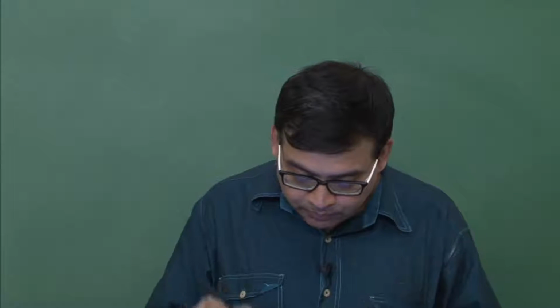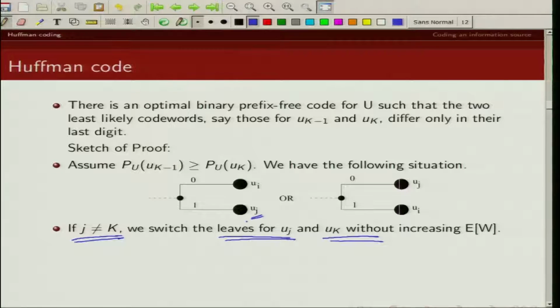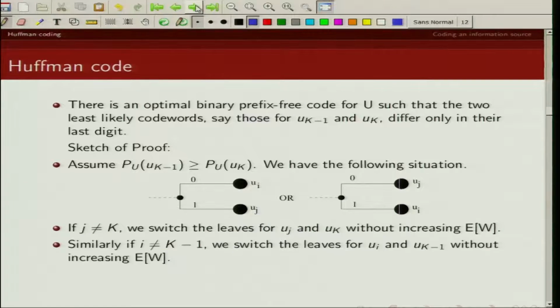In the process, this swapping would not increase the expected value of W. In fact, it can decrease. So if U_J is not the same as the least likely code word U_K, I can always swap: bring U_K here and move U_J back to where U_K was. This process would not increase my expected code word length.